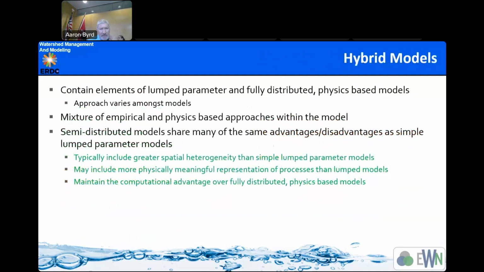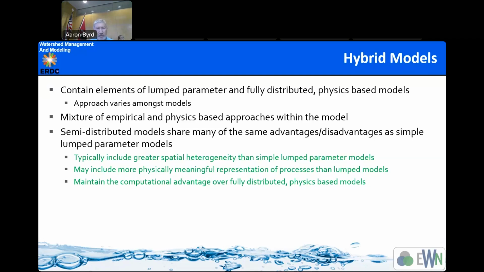Hybrid models have elements of both, and the approaches vary amongst all the different models. There's a lot of them out there, and some are very empirical and some are very physics-based. So it's up to the person that developed the model and what he thinks is important. They share many of the same advantages and disadvantages as the lumped parameter models.